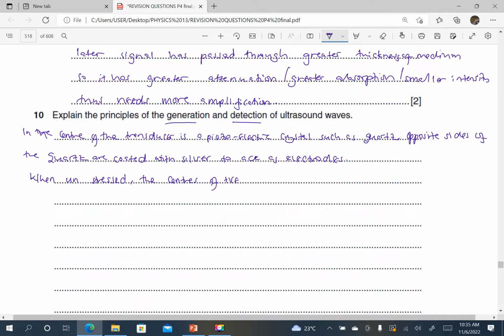Remember, quartz is made up of several repeating tetrahedral silicate units. So when the crystal is unstressed, the centers of the positive and negative ions in any one unit coincide.